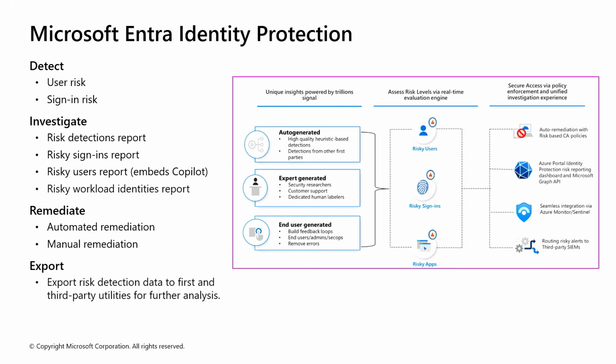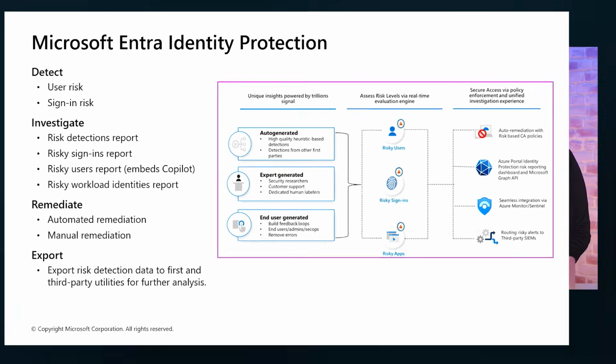Risks are classified as sign-in risk or user risk, and they are surfaced through clear reports, including, but not limited to, risk detections, risky sign-ins, risky users, and risky workload identities. All of these insights help security teams quickly understand what's happening and where the attention is truly needed.